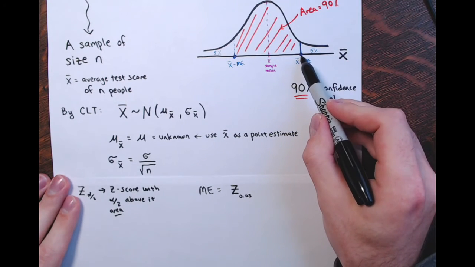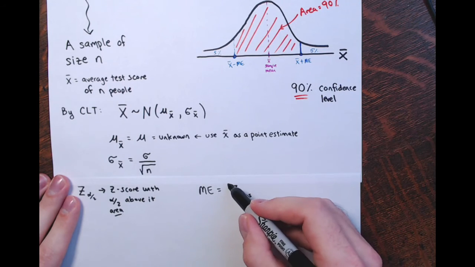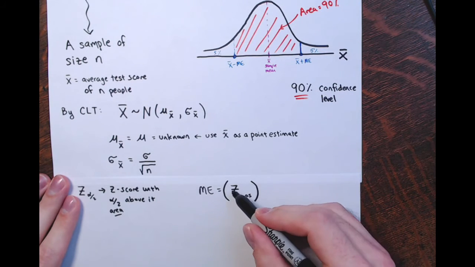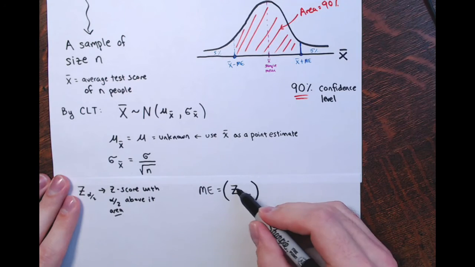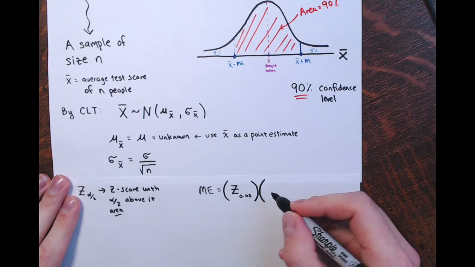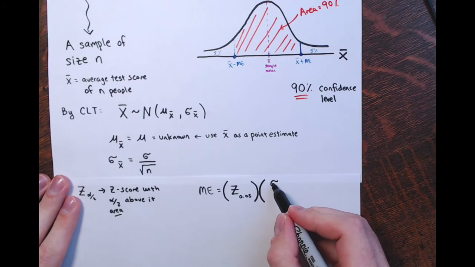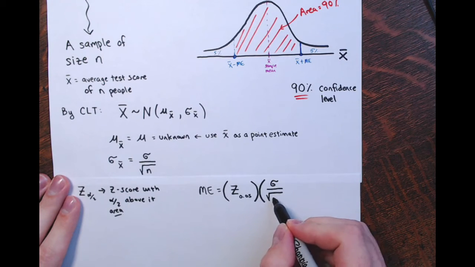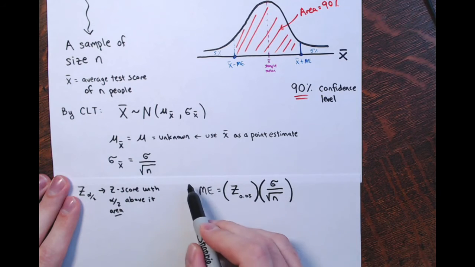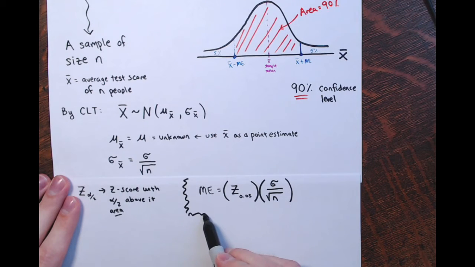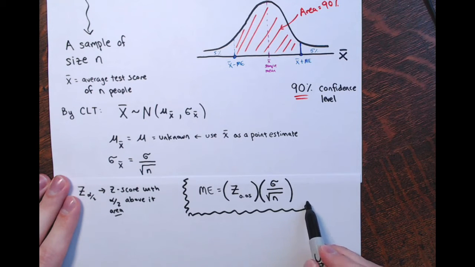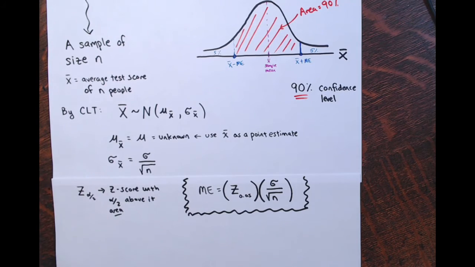Whatever the z-score of this is, z 0.05, I'm this many standard deviations. Now what was the standard deviation of this? It was this thing here, sigma over the square root of n. So here was a nice little formula to help us calculate the margin of error.